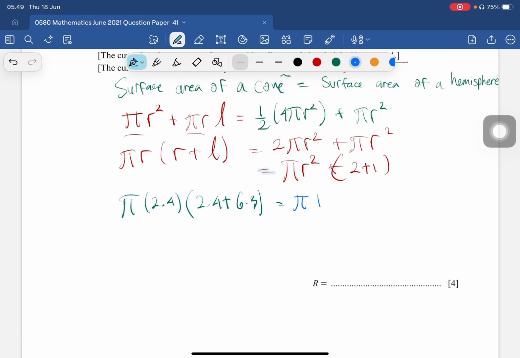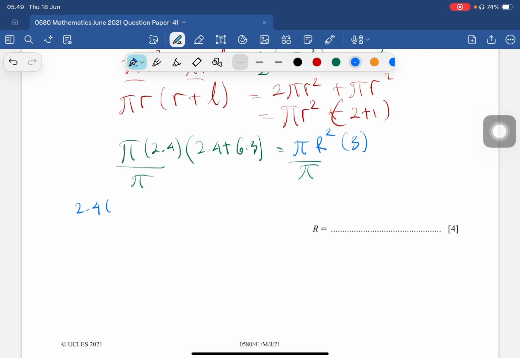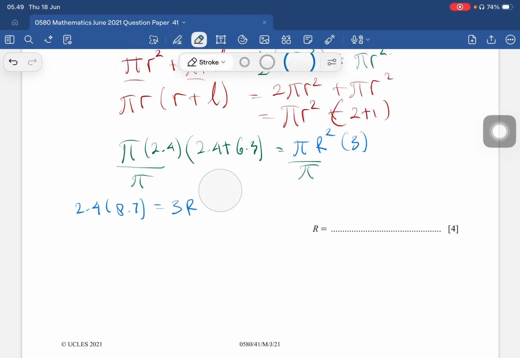Here is big R squared multiplied by 3. As the same value of pi is on both sides, we divide by pi. So we get 2.4 multiplied by 2.4 plus 6.3. Here is 8.7 equal to this only 3 R squared.